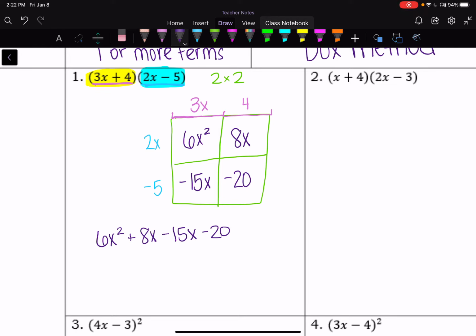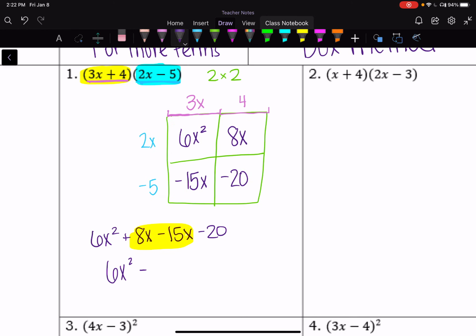And like I said previously, we are not going to leave it like this. We are going to make sure that we simplify it down. So we're going to combine our like terms, 8x and 15x, and simplify. So I should have 6x squared minus 7x minus 20. And that is my final answer.